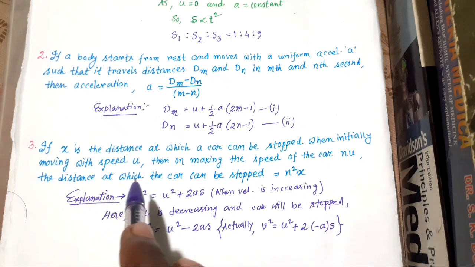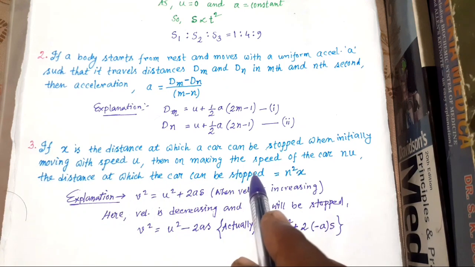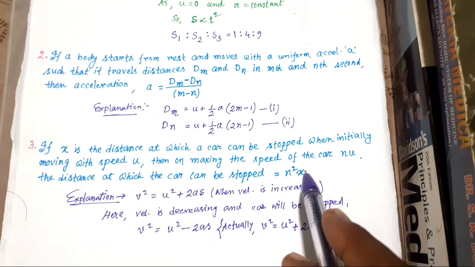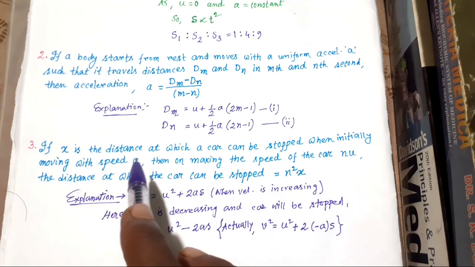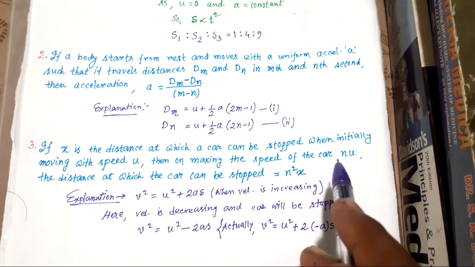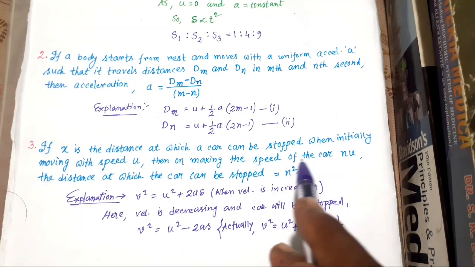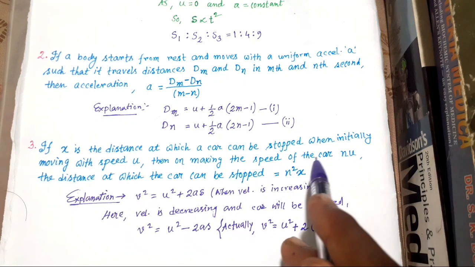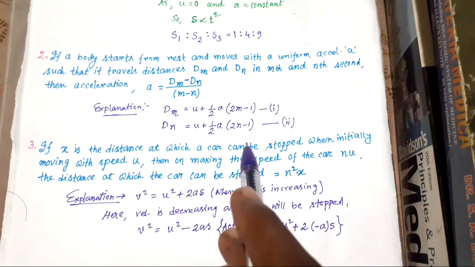The distance at which the car can be stopped will be n²x. So first the stopping distance was x, now n²x is the stopping distance, because the speed of the car is now nu, that is n times the initial velocity.